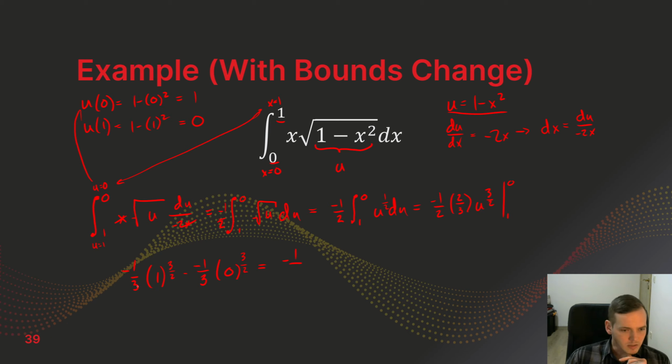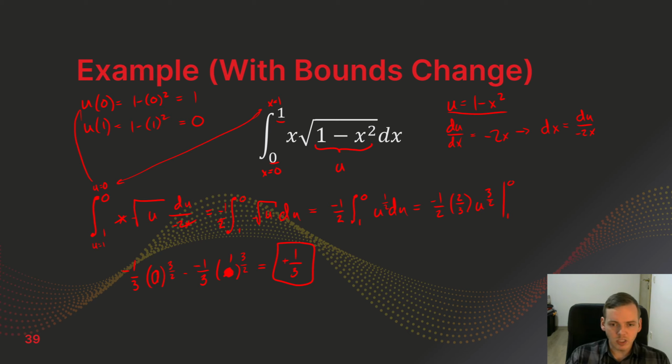I did not do that right. This should be 0 because that's our upper bound, and this should be 1 because that's our lower bound. So it should be positive 1/3 as our answer. So that's the example doing the bounds change.